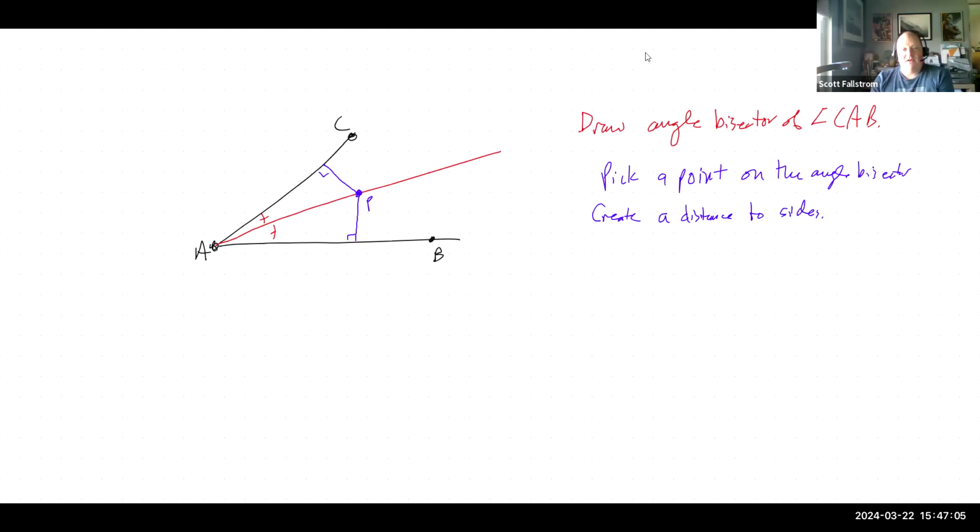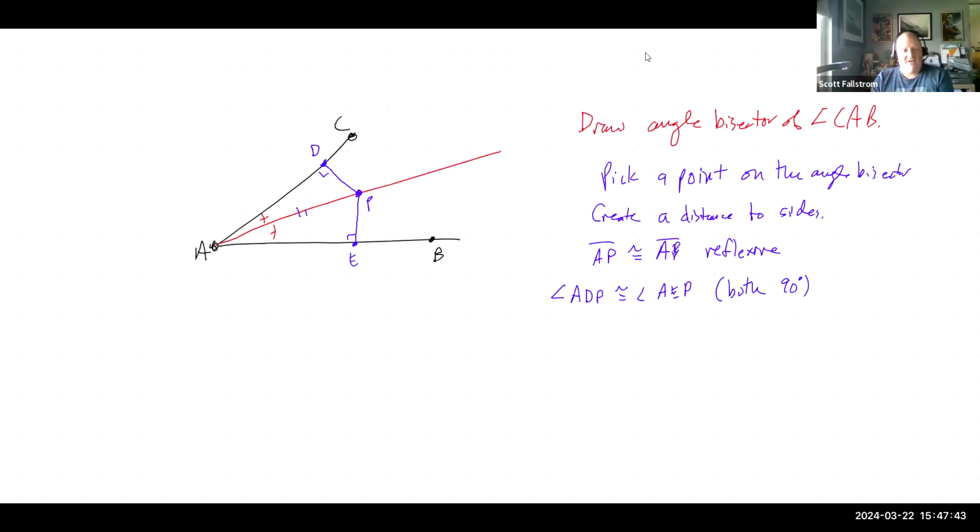Now what I really have here is I know that AP is congruent to AP by reflexive. That's the segment going down the middle. And I need to label these points once again, because it doesn't have to be at points B and C. So now I know angle ADP is congruent to angle AEP because both are 90 degrees.